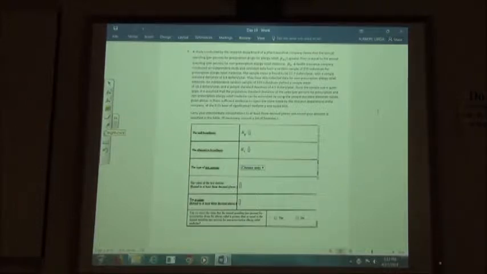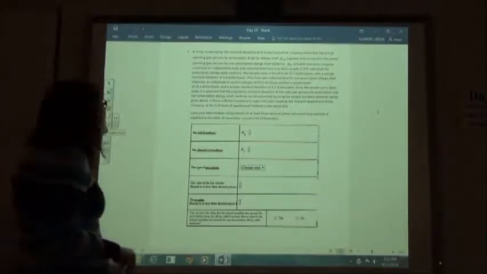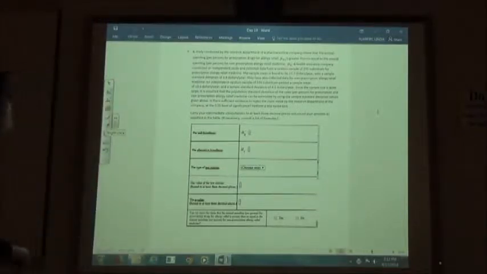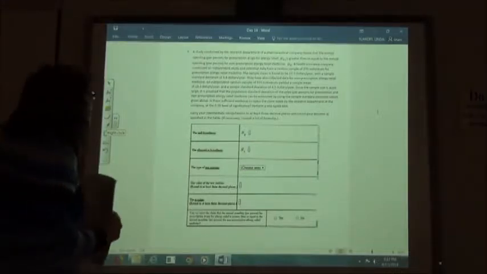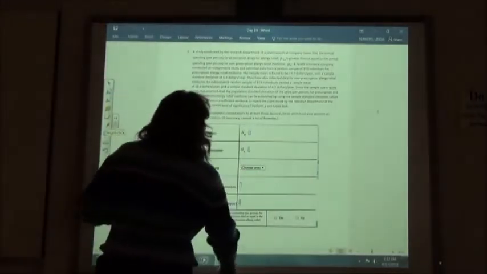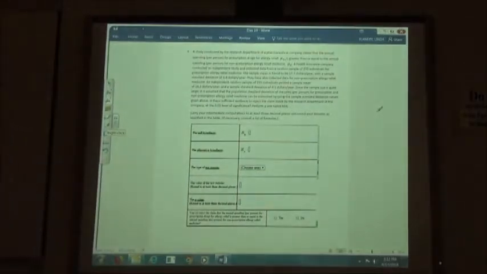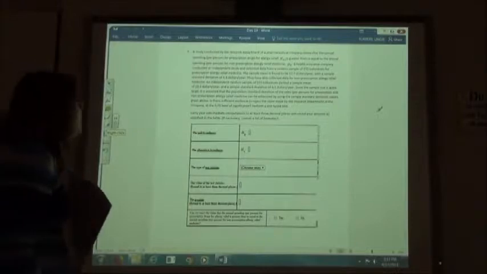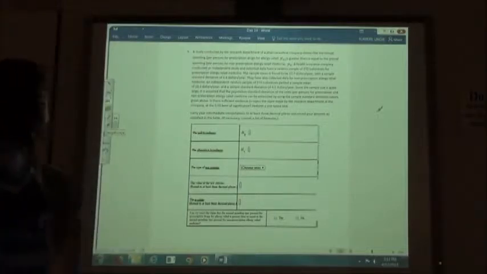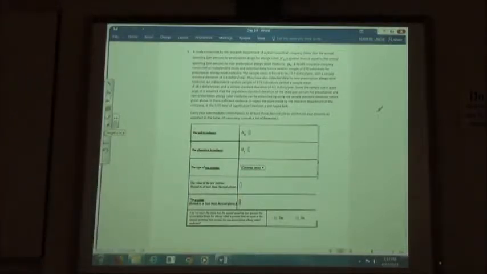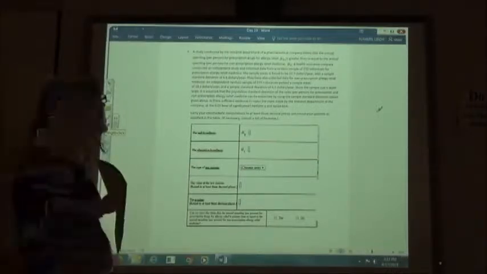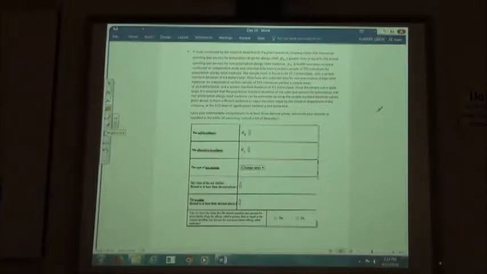All right, while she's grabbing that, I'll start reading this since it's long. It says, a study conducted by the research department of a pharmaceutical company claims that the annual spending per person for prescription drugs for allergy relief, mu1, is greater than or equal to the annual spending per person for a non-prescription allergy relief medicine, mu2. The health insurance company conducted an independent study and collected from a random sample 270 individuals for prescription allergy relief medicine.